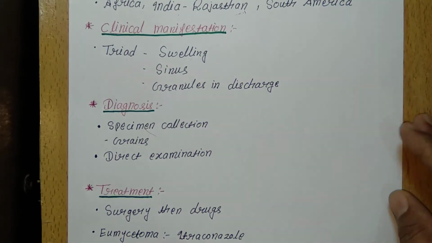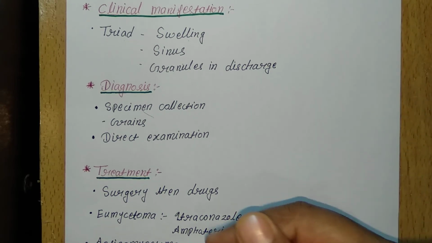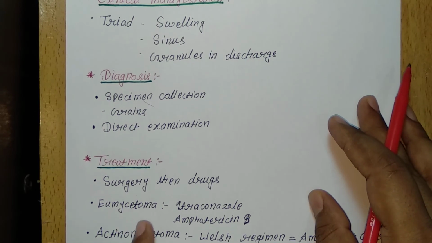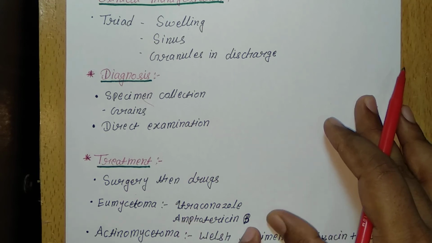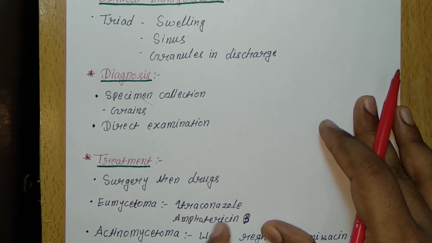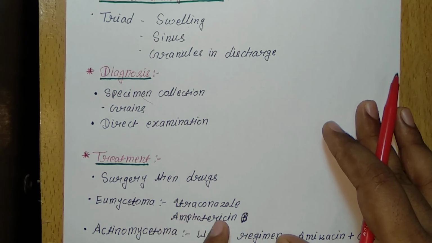So guys, moving to the treatment of mycetoma. We can treat mycetoma by surgery, and after surgery we should give the patient drugs like itraconazole and amphotericin B. In eumycetoma, we should give itraconazole and amphotericin B, but amphotericin B we should give only in severe cases of eumycetoma fungal infections.